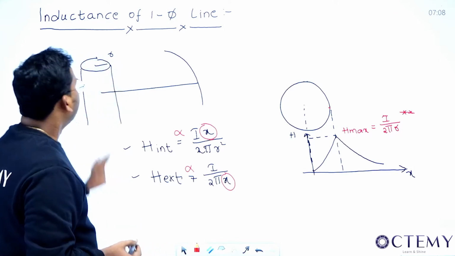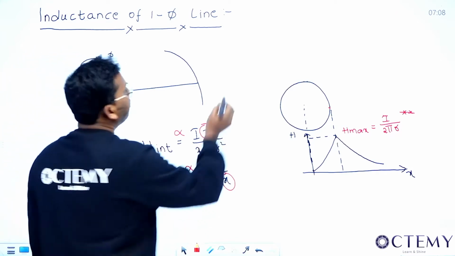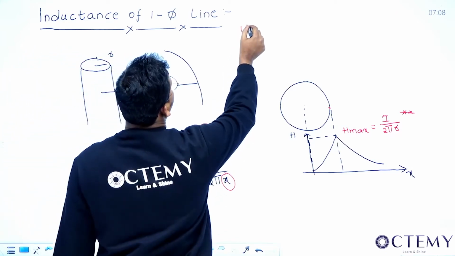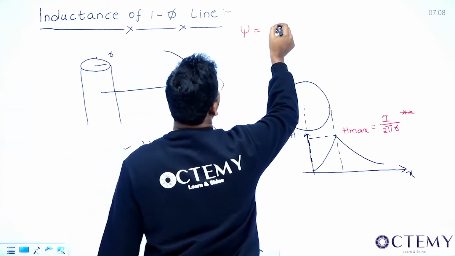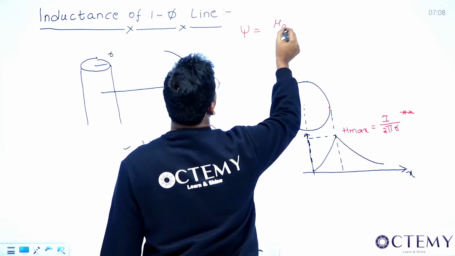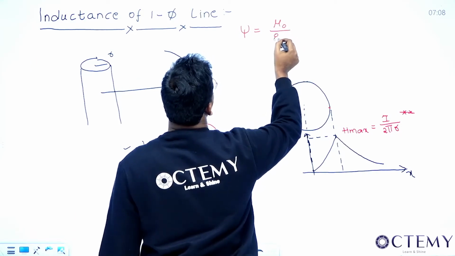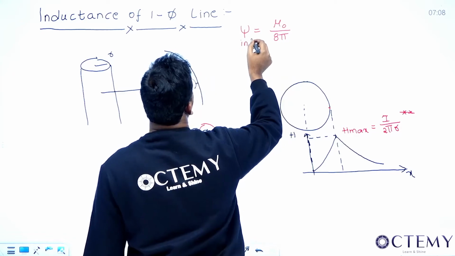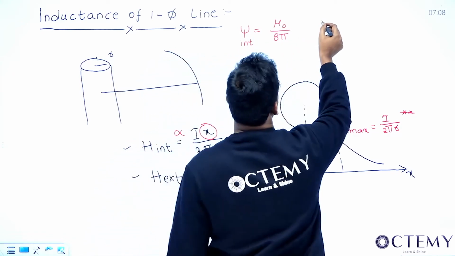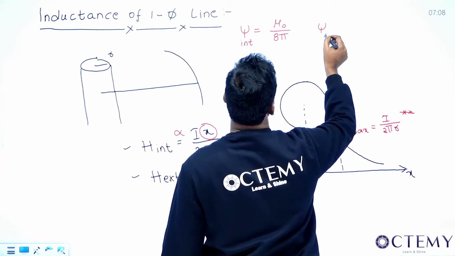Next, the second point to remember is phi internal. Yesterday we got phi internal as mu naught by 8 pi. Similarly, we got phi external, which is also very important.